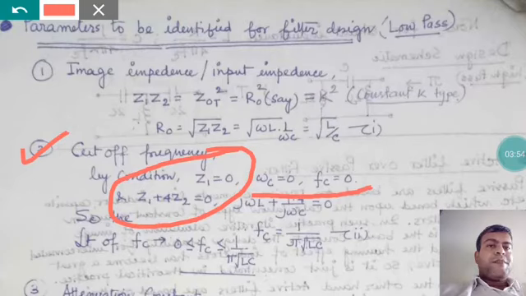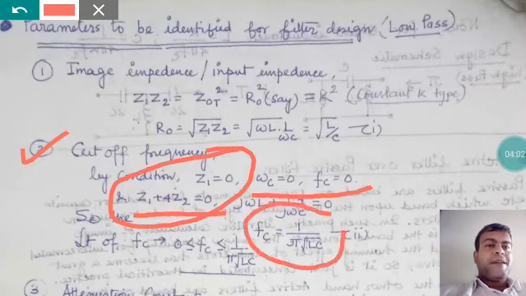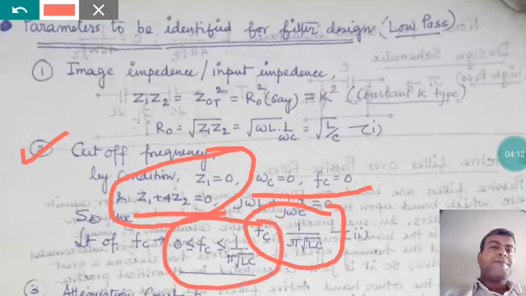But for Z1 plus 4 Z2 equals 0, we get j omega L plus 1 by j omega C equals 0, so fc equals 1 by pi root over LC. So the limit of fc ranges between 0 and 1 by pi root over LC. This is the concept of the cutoff frequency, fine.